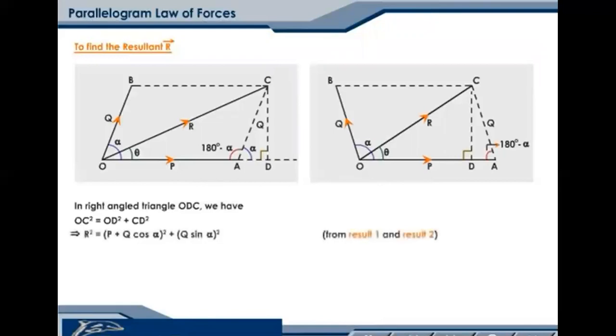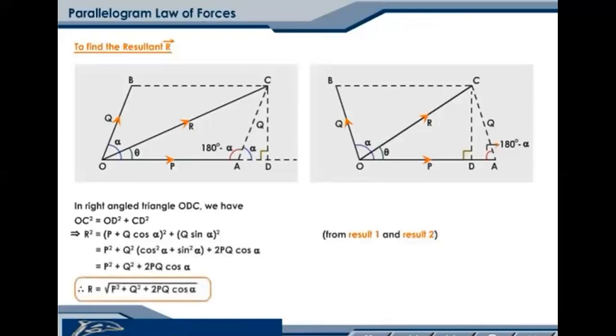This implies R square is equal to (P plus Q cos alpha) whole square plus (Q sin alpha) whole square, substituting for OD and CD. Therefore, R is equal to root of P square plus Q square plus 2PQ cos alpha. This gives the magnitude of the resultant R.